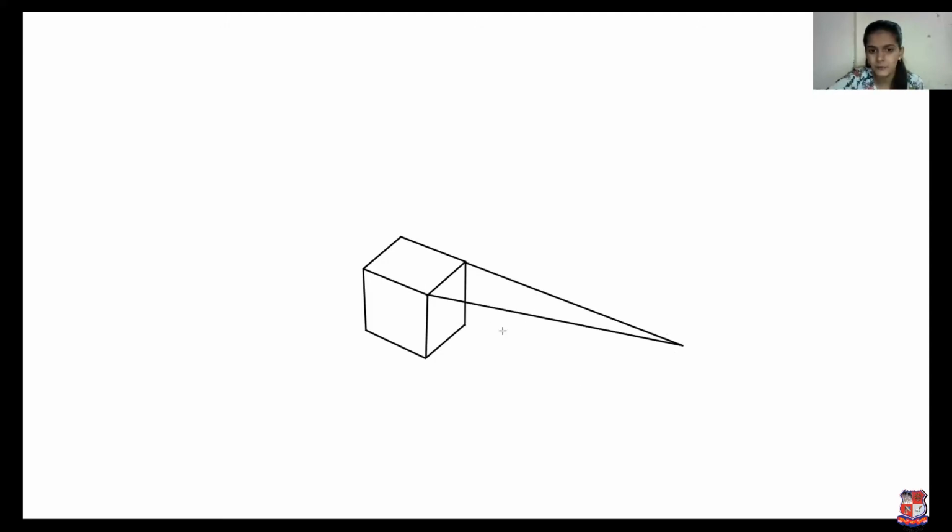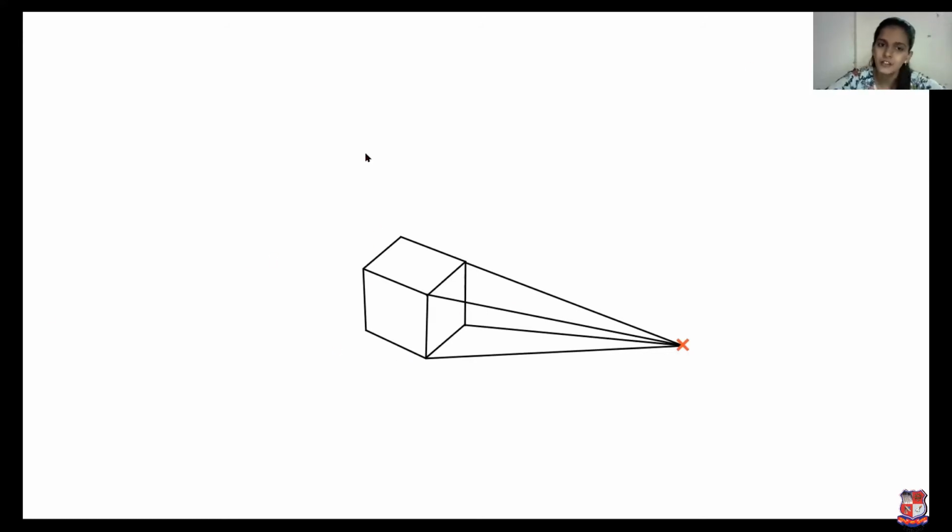And one set of non-parallel lines is going to merge in this point. So now this is 1-point perspective view because it's a single vanishing point over here. That the 4 lines are meeting at a point that is known as vanishing point. And in this figure, it's 1 vanishing point only. So it's a 1-point perspective view.